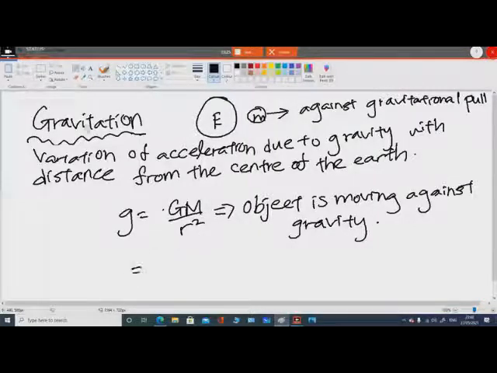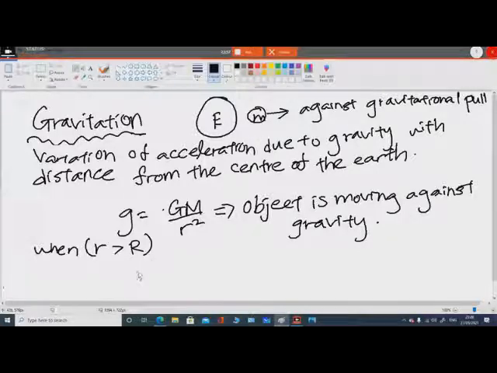Let me erase this one. When the object is at a distance outside the Earth, r is greater than capital R, which means the object is already outside the Earth.